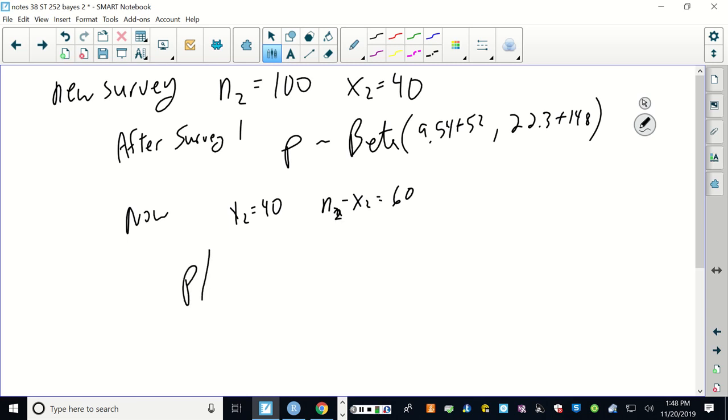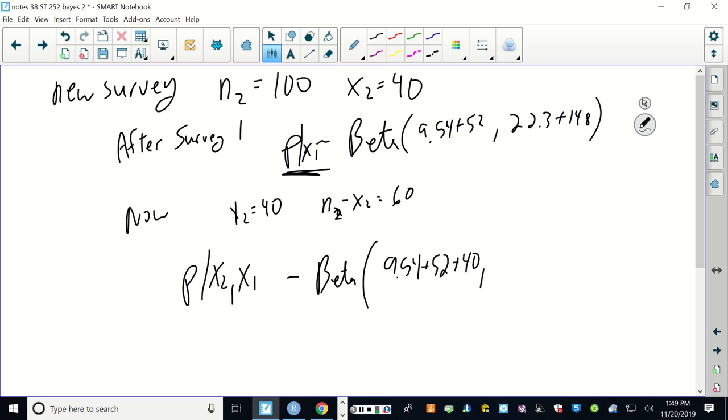So now this, given our x2 data, maybe you want to call this given x1 to emphasize that we've already had some data. This one could be called P given x2 and x1, conditional on more information. And so the same process is going to happen. We're going to take this prior number here, the intermediate one, and now we're going to add 40 more to it. So 9.54 plus 52 plus 40. And then this one, 22.3 plus 148 plus 60.